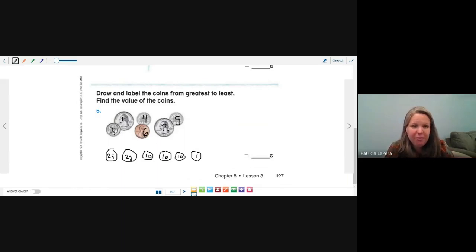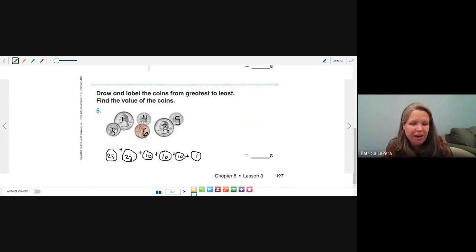And now we're ready to add. So we've labeled them, we drew them, and now we can add them together. After you've drawn them, remember that there's a little plus sign in between each coin, if that helps you, because we're also adding values. This is just like a big, long addition problem.